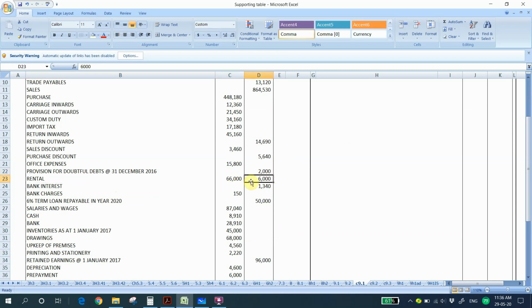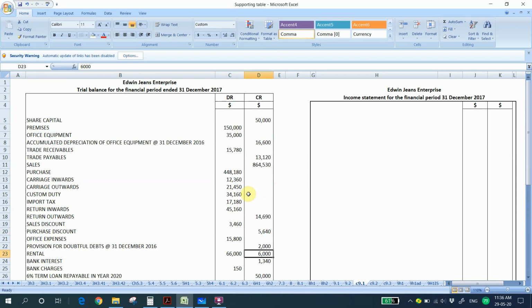Alright, so we have to net together. If you have a debit 66,000 and a credit 6,000, this is the lesser side and this is the higher side, so you net this 6,000 from the credit against the debit. If you change the direction, this will change from a positive amount to a negative amount.